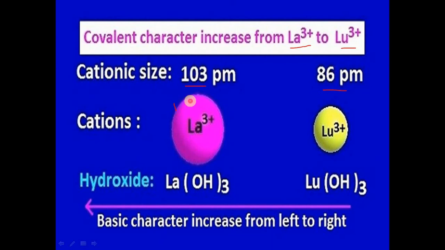So La3+ has larger size as compared to Lu3+; size goes on decreasing from lanthanum to lutetium. But in case of hydroxides, that is, La(OH)3 and Lu(OH)3, basic character decreases from left to right, that is, lanthanum hydroxide is more basic as compared to lutetium hydroxide.